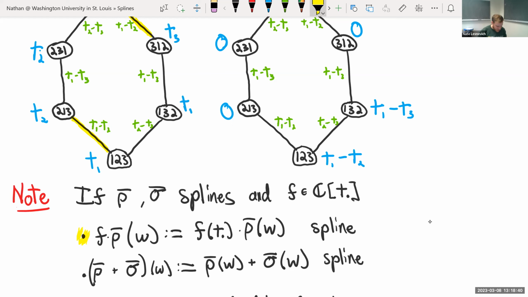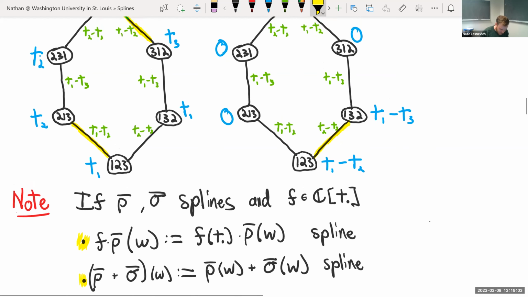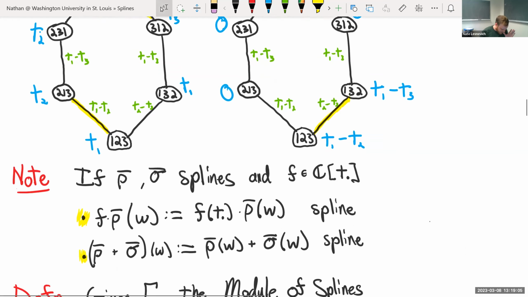It's not going to change any of the divisibility criteria. And the addition of two splines is also going to stay a spline. The story of splines is related to the fact that this is a local condition. We only have to check every edge. So if you check an arbitrary edge, you're all set. And these are pretty easy to convince yourself of, at least via example.